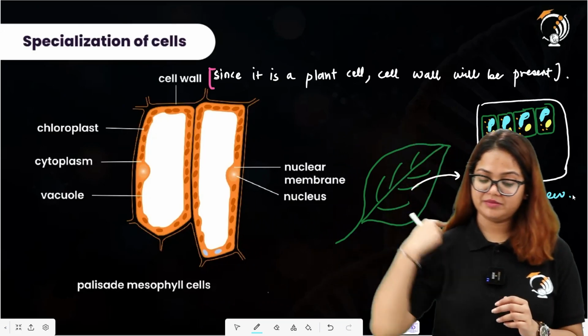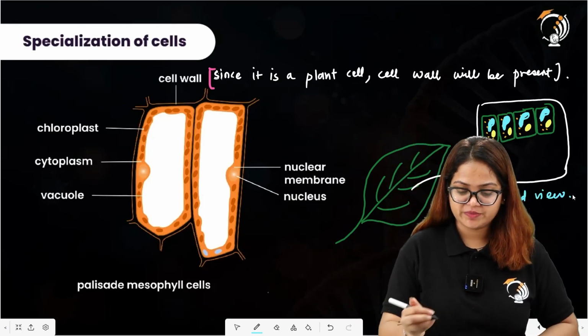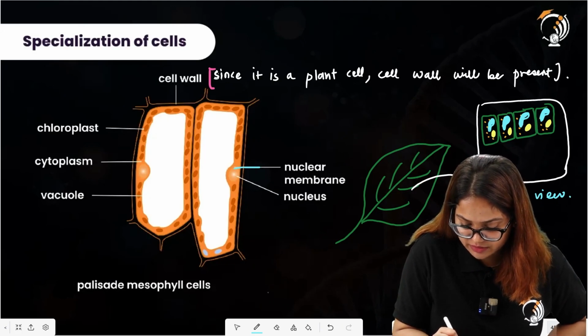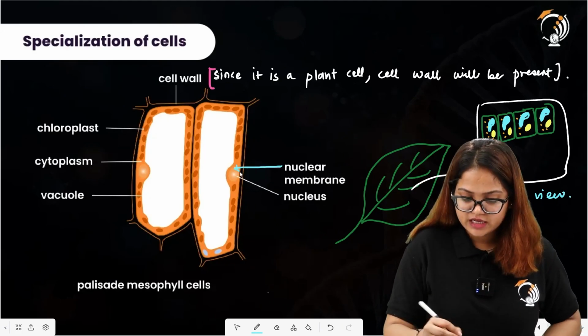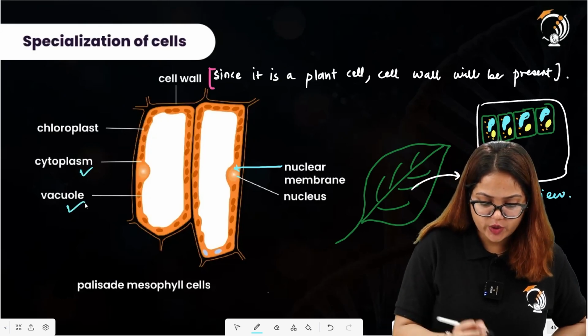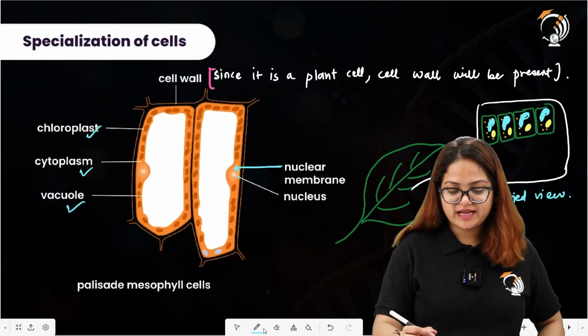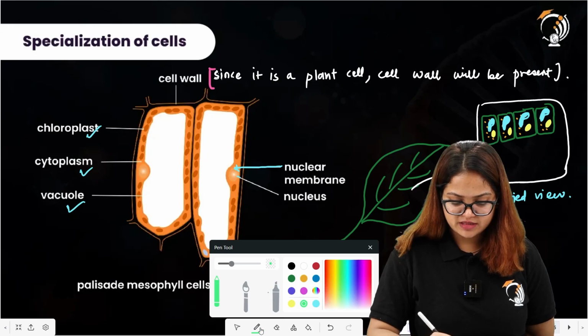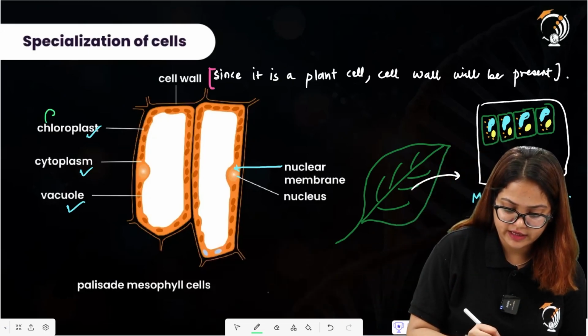Then coming back to the diagrammatic representation here, we have the nuclear membrane. So this is the nuclear membrane over here. We have the nucleus. There is representation of nucleus over here. Cytoplasm is there, vacuole is there, and chloroplast. So chloroplasts are the cell organelles that have chlorophyll as a pigment in them.